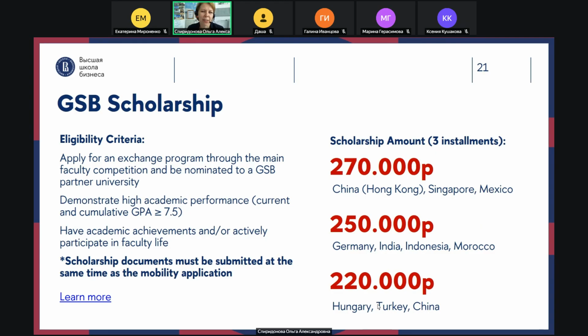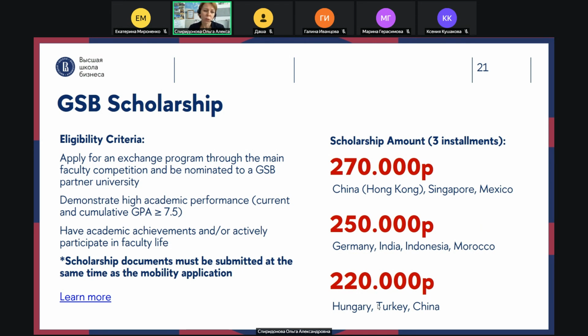You can apply if your GPA is more than 7.5, if you have good academic performance, and if you're an active student with different kinds of achievements who actively participates in university life. You should prove it by sending documents that show that you participated and helped somewhere, or wrote some work, or participated in some business game or whatever.